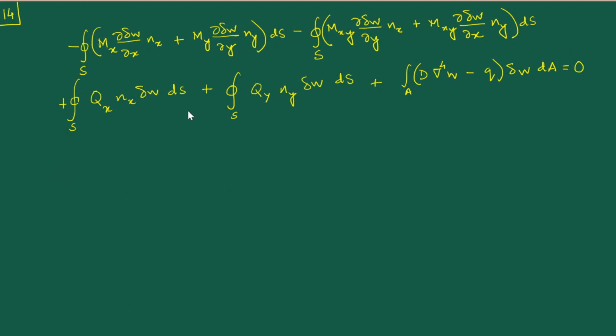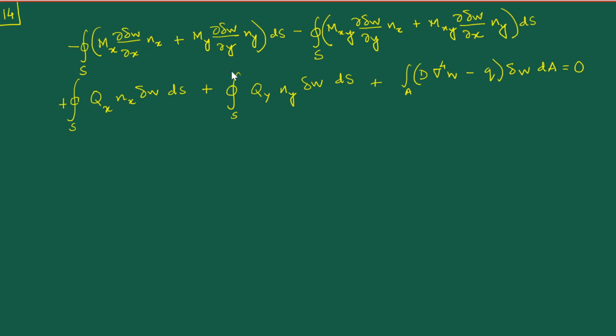Now this is as far as we can go here in terms of the simplifications that are possible. Now the next step is where it gets quite involved as far as the geometry is concerned.